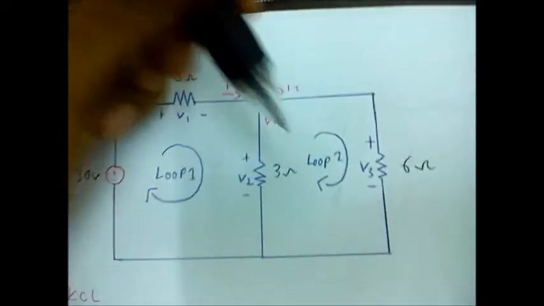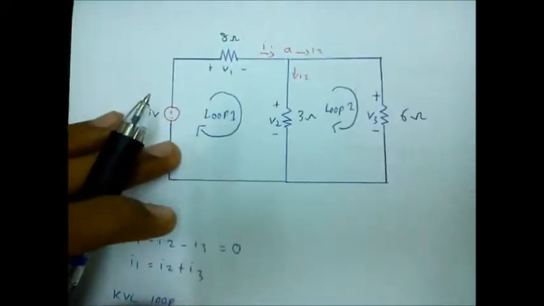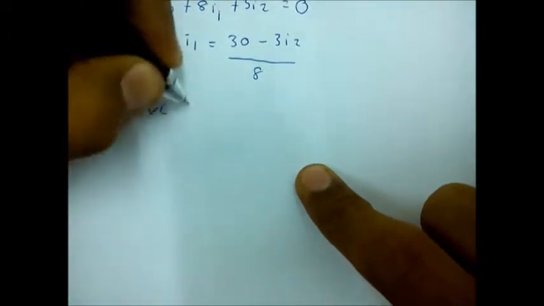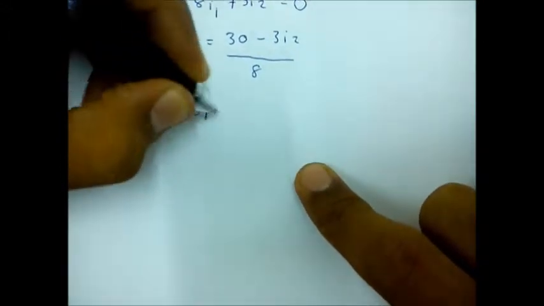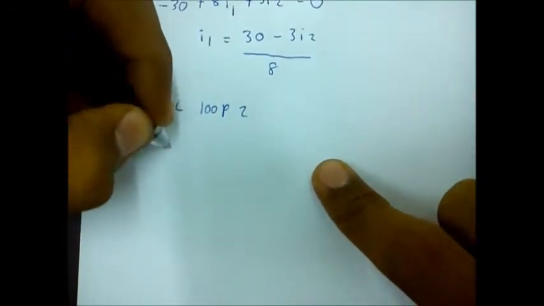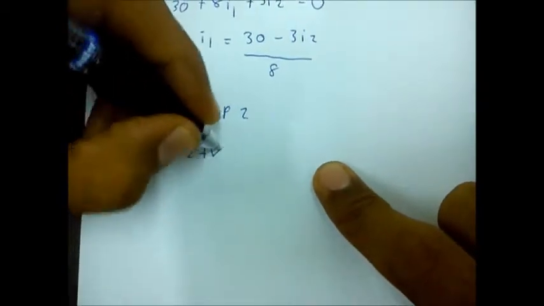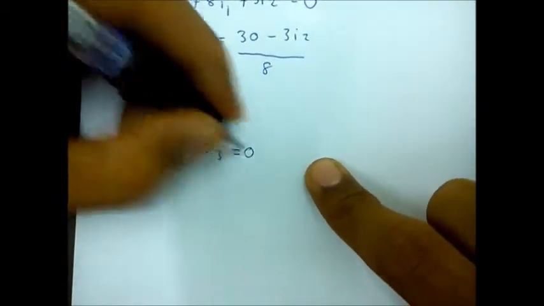This is loop 2 that has two resistors, and KVL for loop 2 is negative V2 plus V3 equals 0.